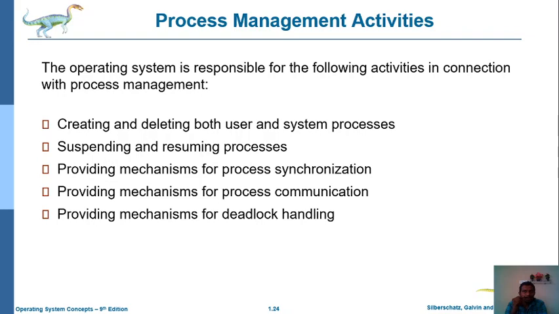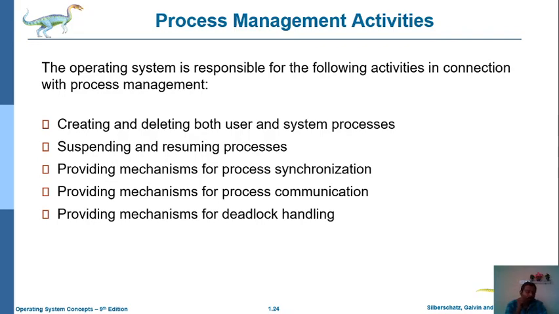For example, in case process 1 needs resource A and such resource is not available, at that situation the operating system can suspend that particular process. Here suspending means nothing but pausing the execution of that particular process.